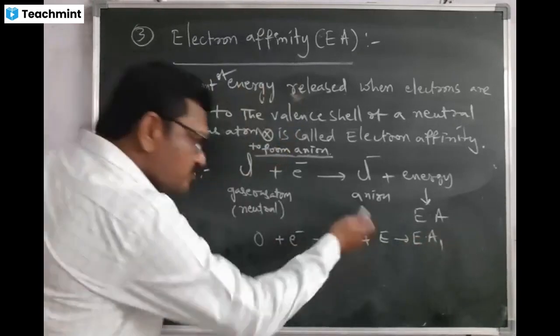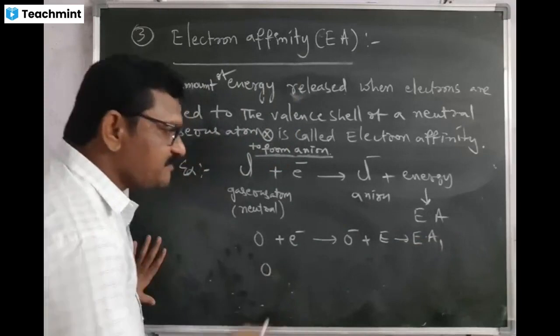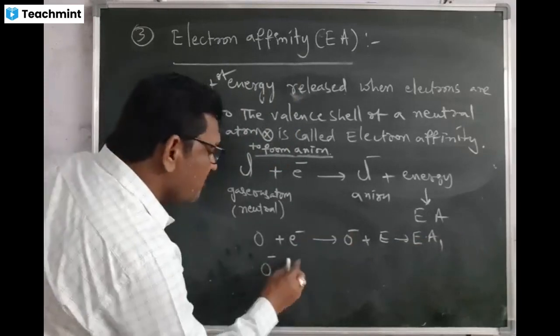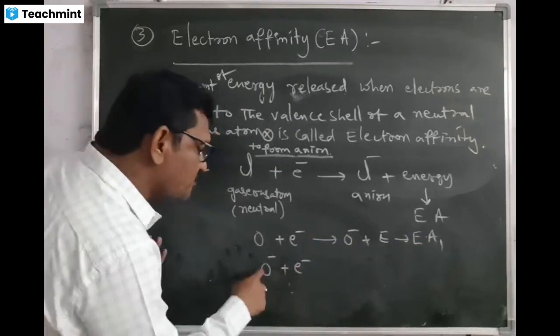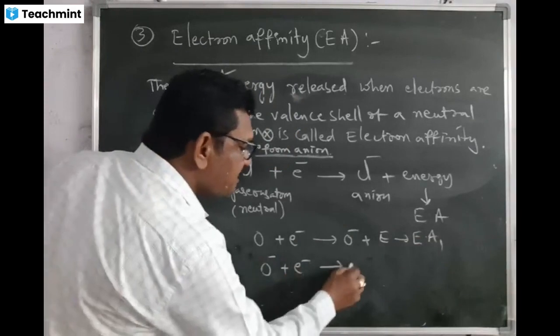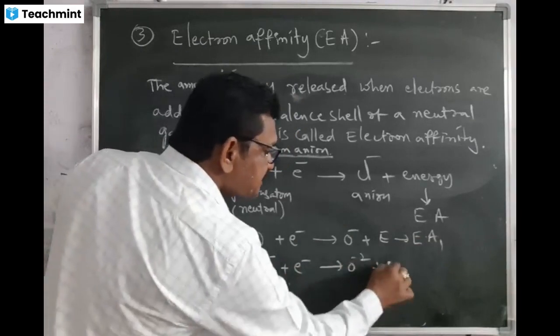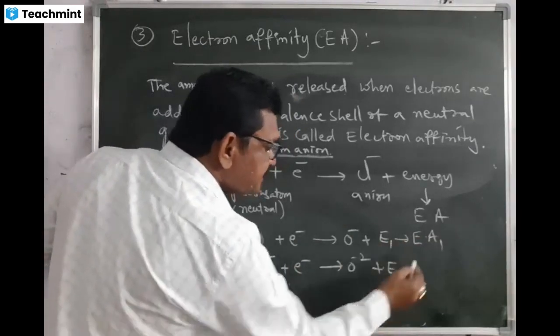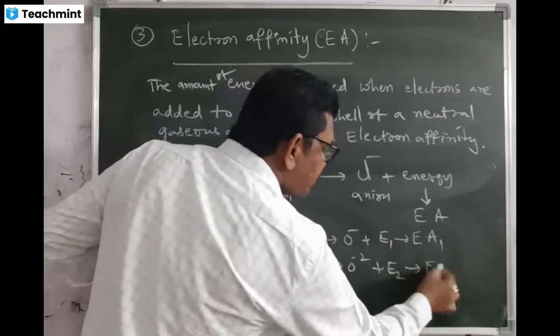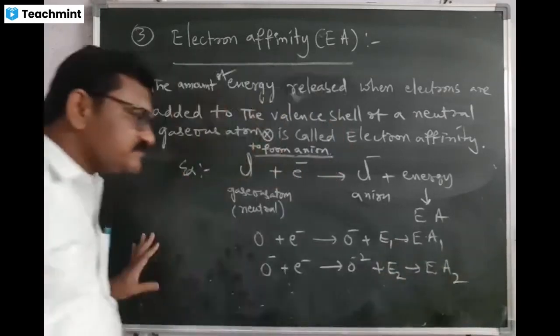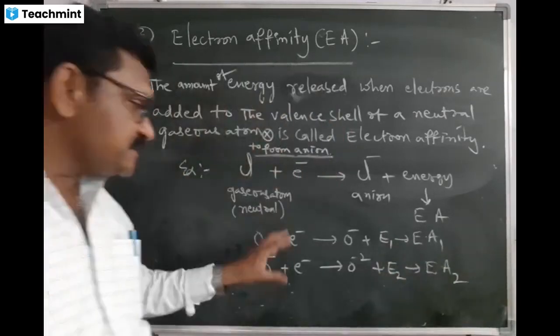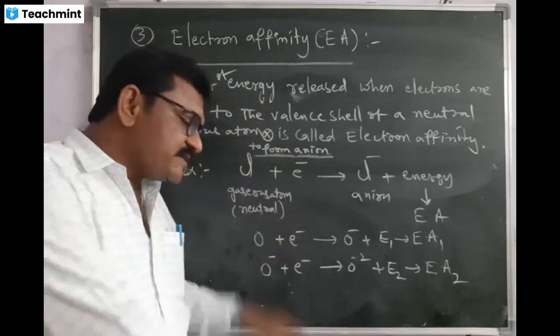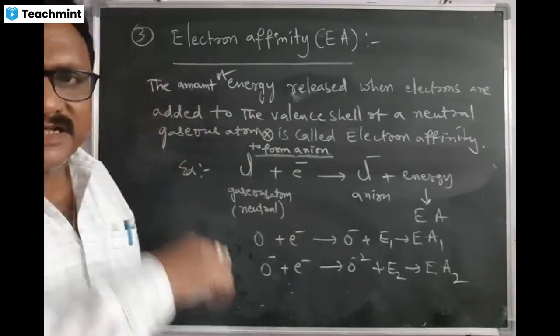And you can add one more electron to this O minus and it becomes O 2 minus, releasing energy E2. This is considered electron affinity 2.